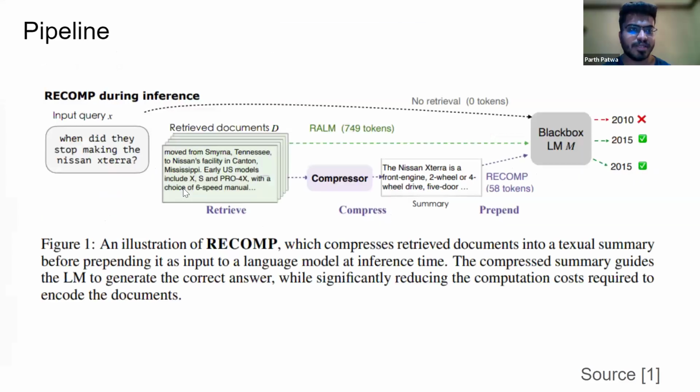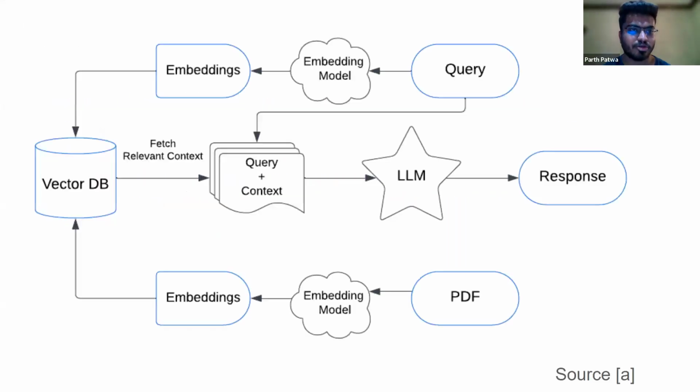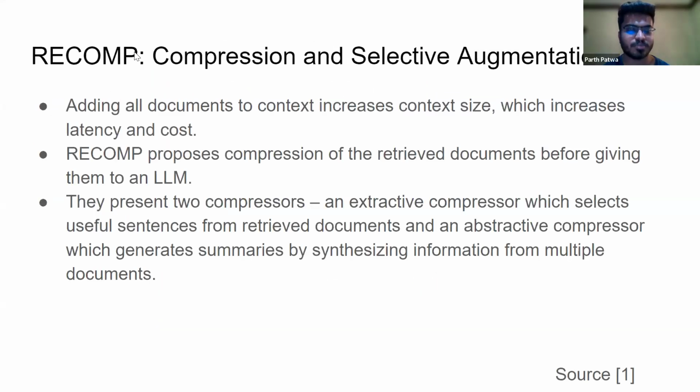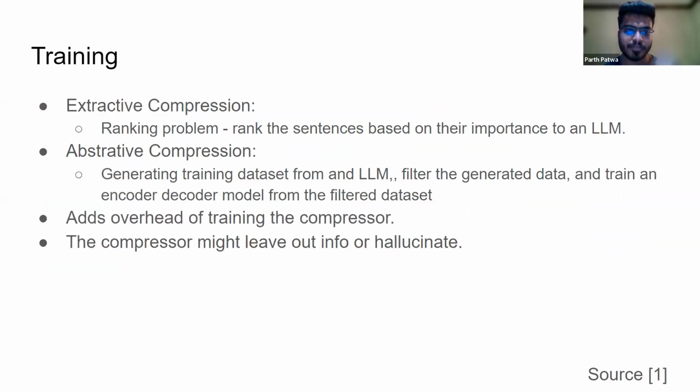Yes. So the vanilla RAG will give the entire document. There is no summarization. This RECOMP is one advancement where the paper proposes that instead of giving the entire documents, let's give a summary of the documents. And they show why it is better than giving the entire documents.